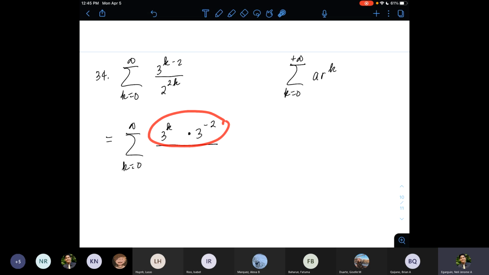Because if you multiply these two, the law of exponents tells us to take the sum of the exponents since we have the same bases, right? So this simplifies to this, right? On the other hand, playing with the laws of exponents in the denominator will lead us to have 2 squared to the power k, because this simplifies to that one. All right.